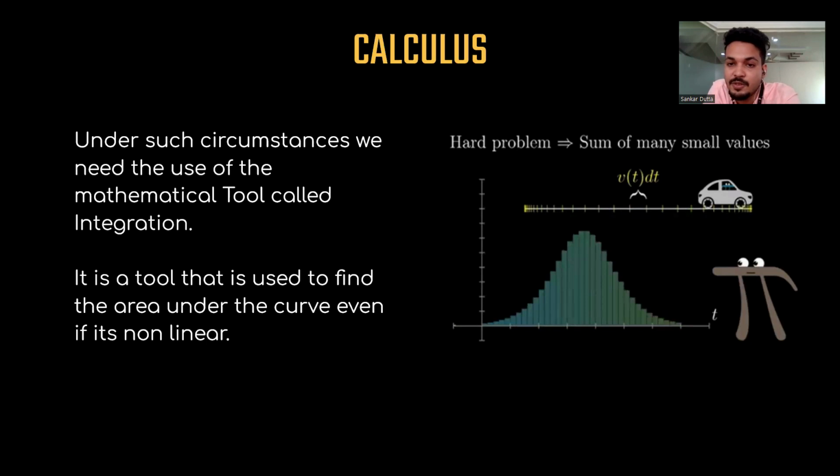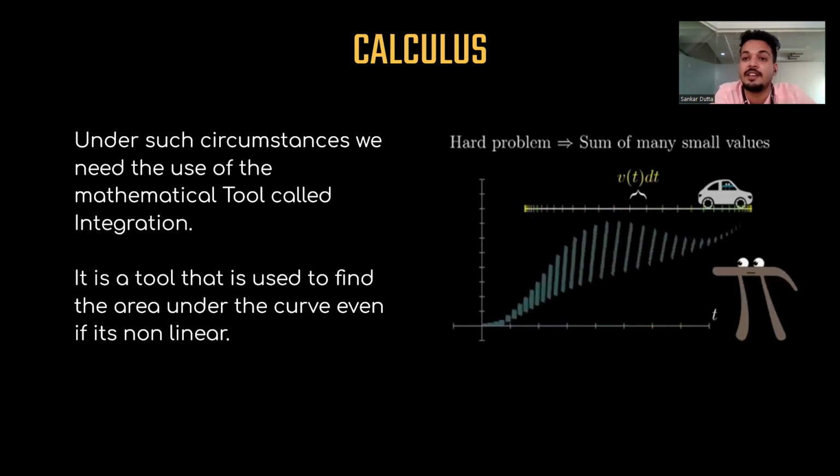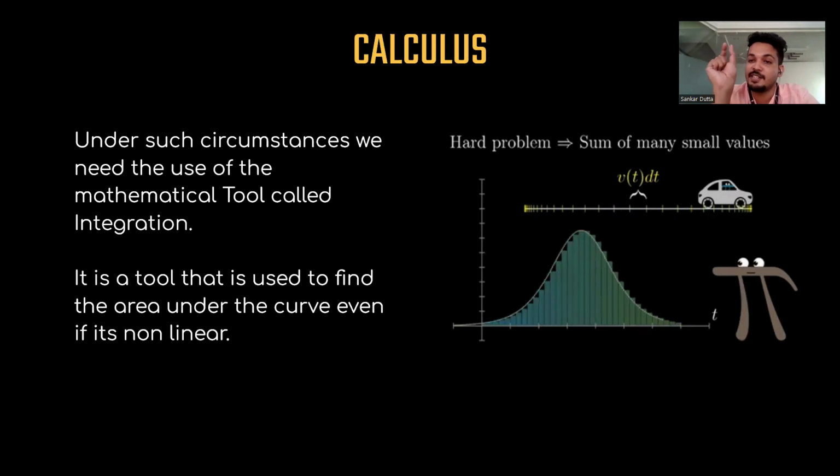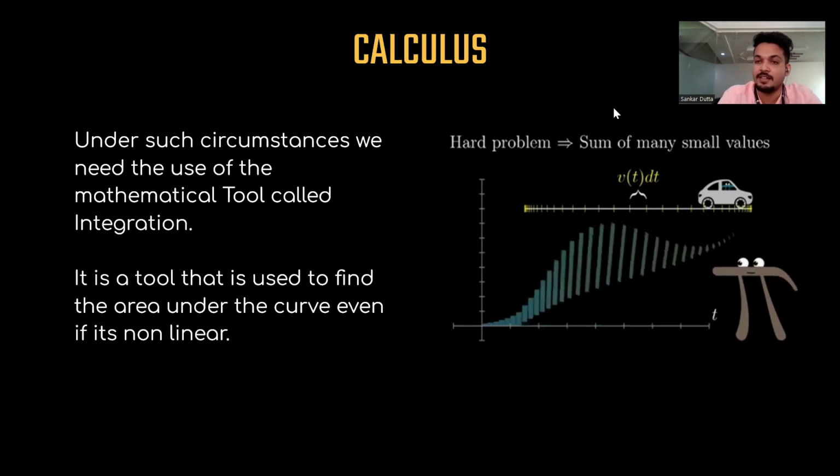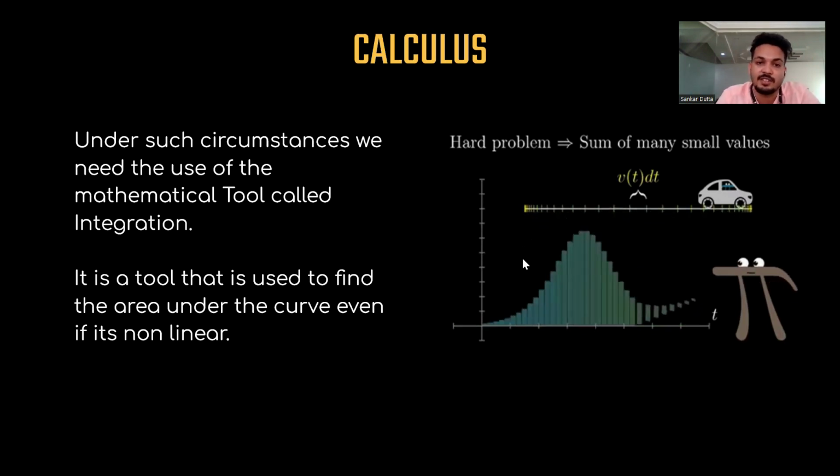So we essentially make this an addition of very small terms, and this is integration. Integration is making the intervals very small and then adding up the small intervals. That is the main understanding behind integration.